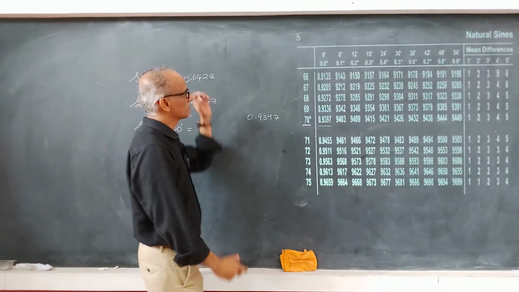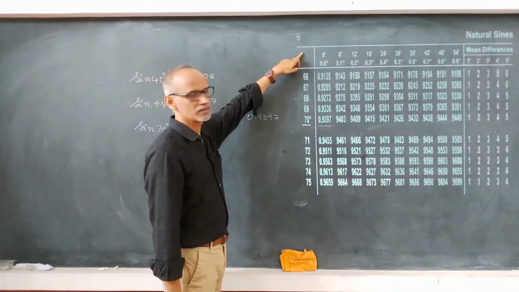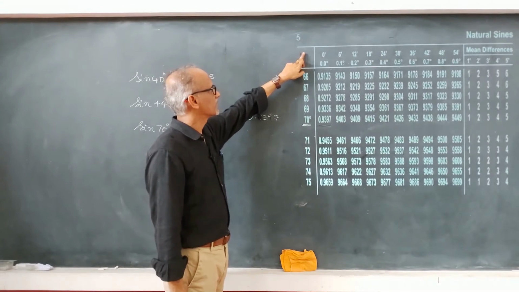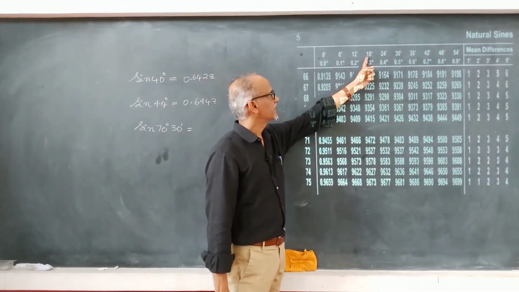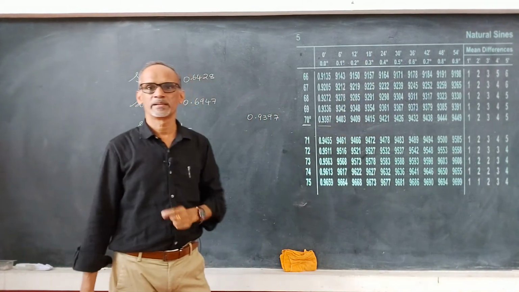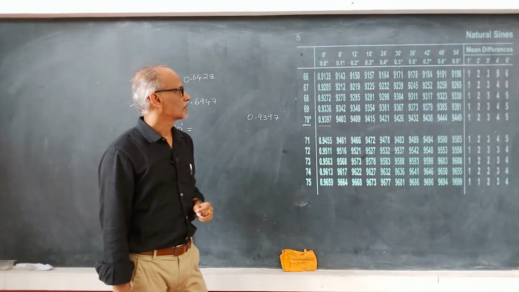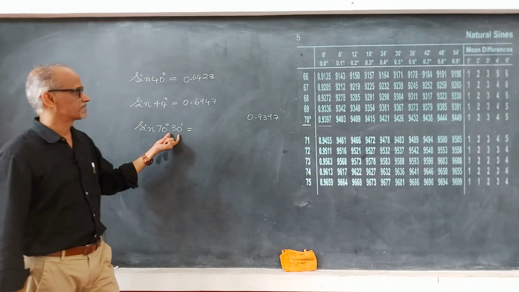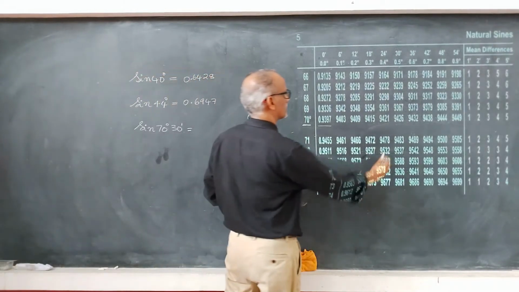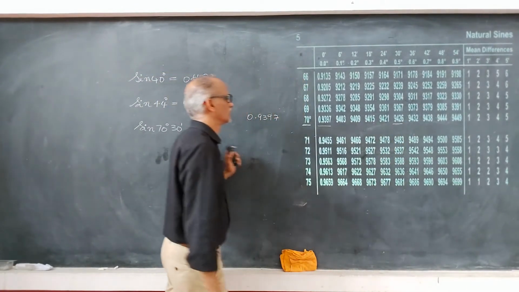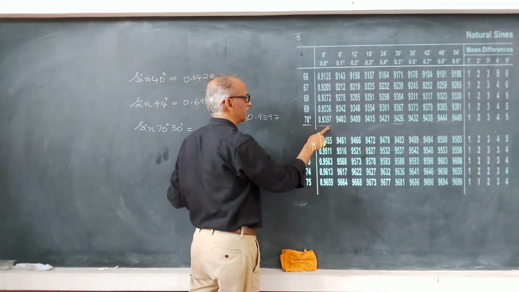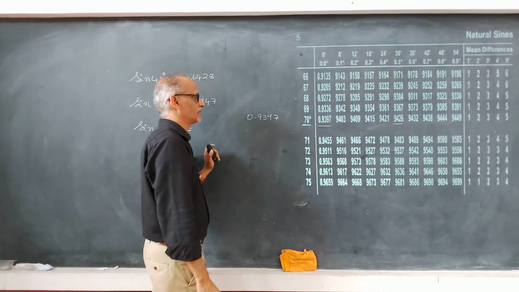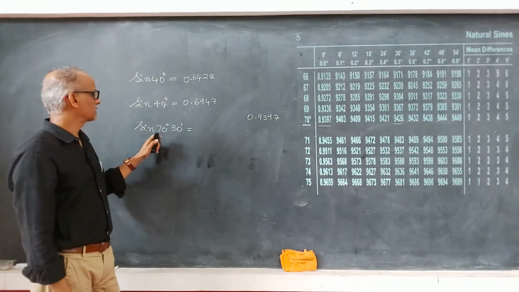If you look at this row here, we have smaller values like 0 minute, 6 minutes, 12 minutes, 18, 24. Again, it's a multiple of 6. So, do you find 30 minutes in that? Yes, it is here. So, this 70 degree 0 minute is 0.9397, but we wanted 70 degree 30 minutes.